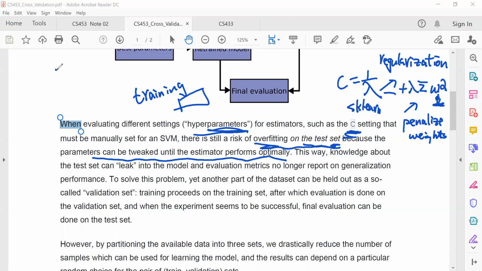I don't know if you still remember the basic concept about overfitting. Overfitting is due to high variance.